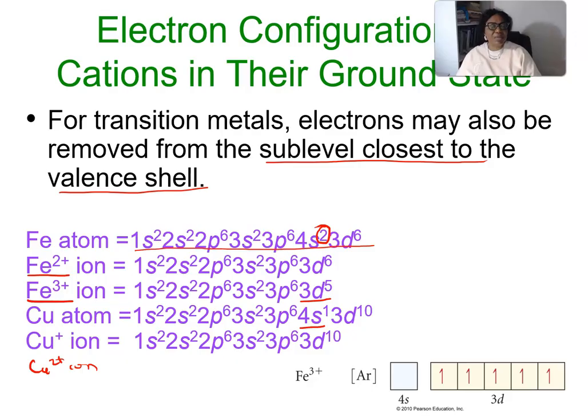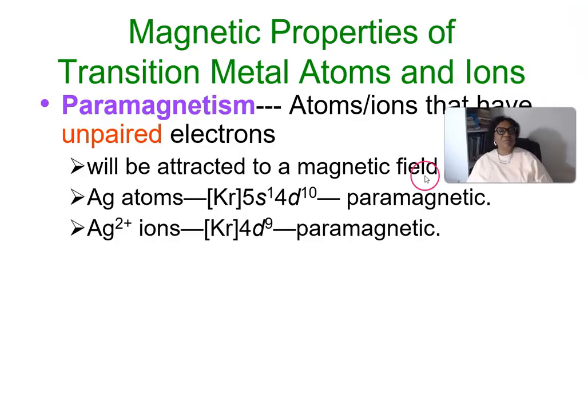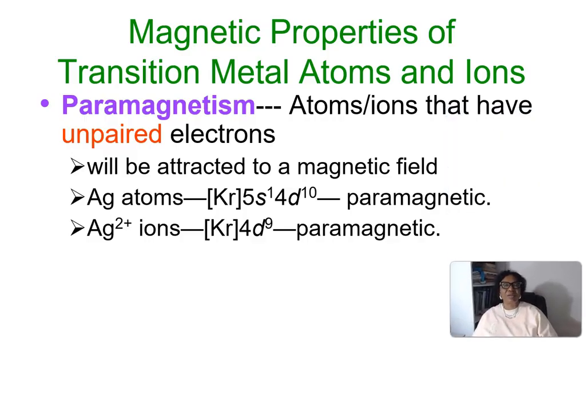We want to talk about the magnetic properties. Magnetic properties of transition metal atoms and ions. Paramagnetism is when atoms or ions have unpaired electrons.